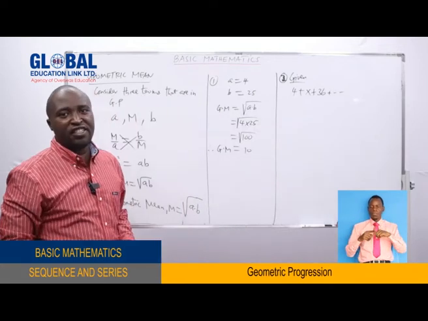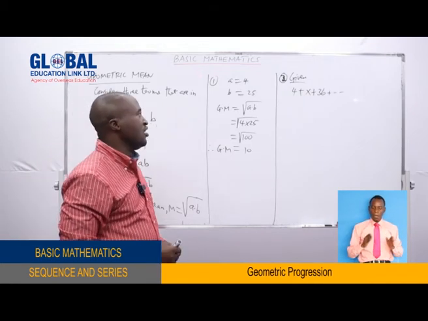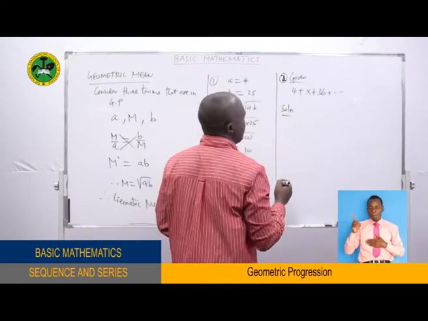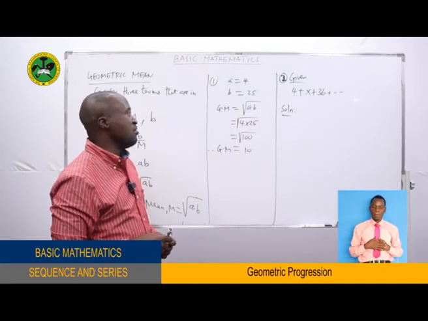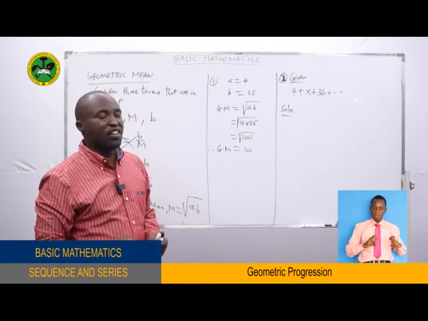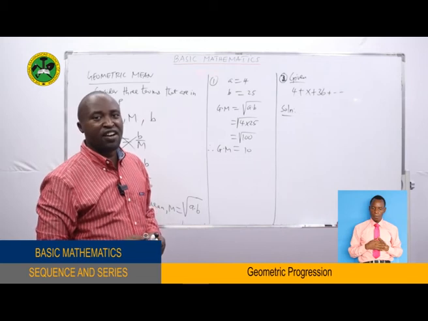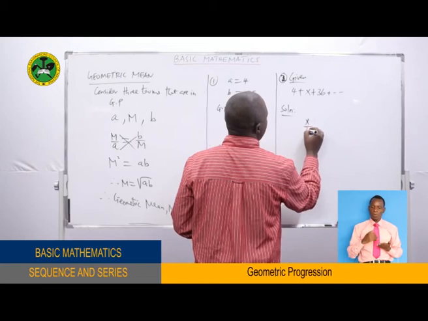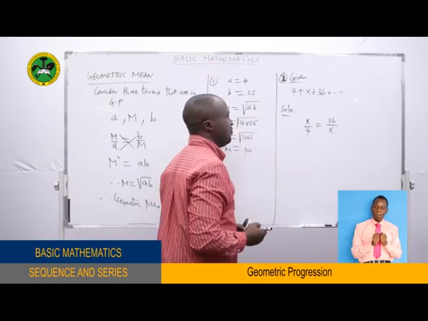We are supposed to find the value of x if the series is in geometric progression. So in this case, find the common ratio. Remember, common ratio is the second term over the first term, which is the same as the third term over the second term. So in this case, we have x over 4, which is the same as 36 over x.